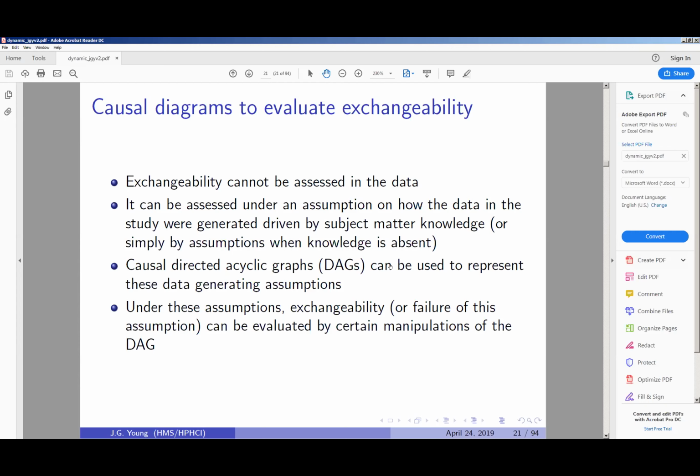So here, though, we allow that there does exist an unmeasured common cause of the outcome, mortality, and say the measured confounder, CD4 cell count. Maybe U could be a genetic factor that independently affects mortality risk and your CD4 cell count.